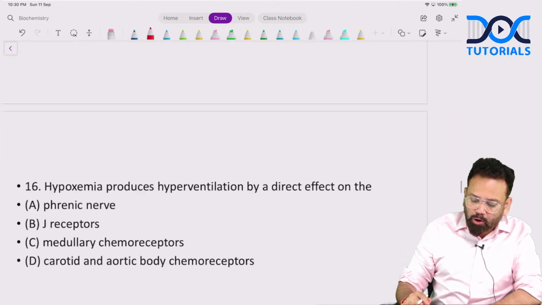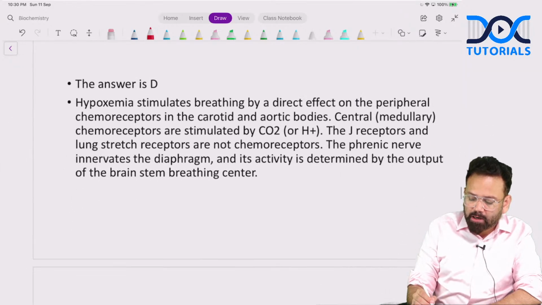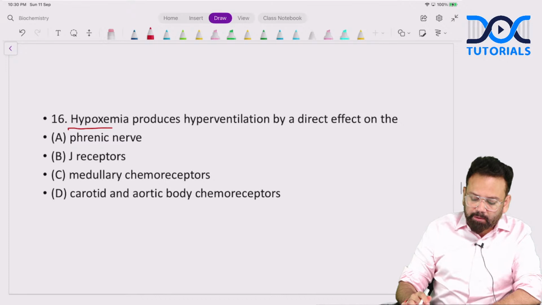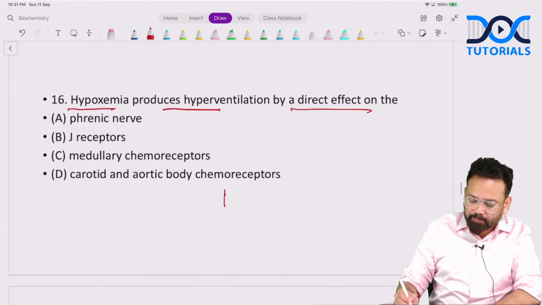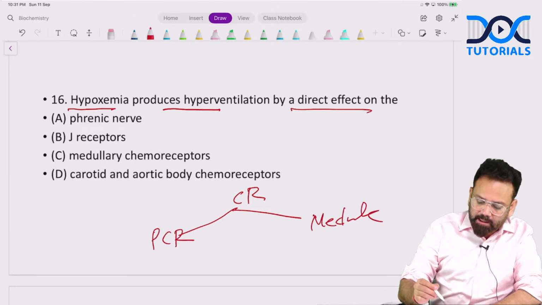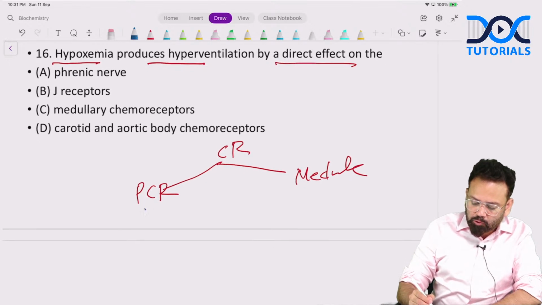Hypoxia causes hyperventilation by direct effect on which? If you remember, chemoreceptors are of two types: peripheral chemoreceptors and medullary or central chemoreceptors. Peripheral chemoreceptors are sensitive to hypoxia, hypercapnia and acidosis.